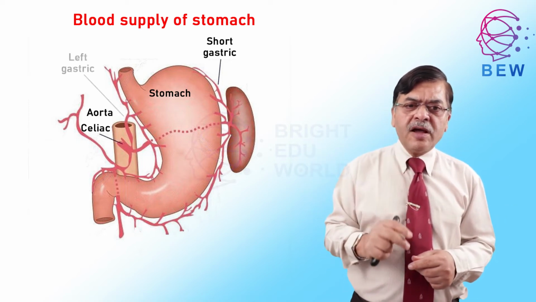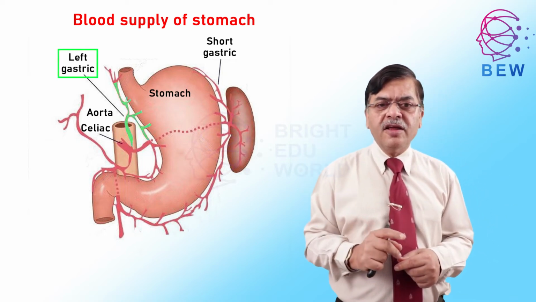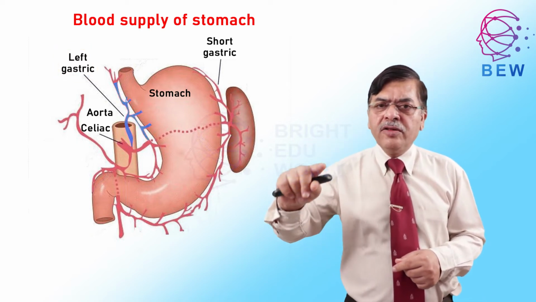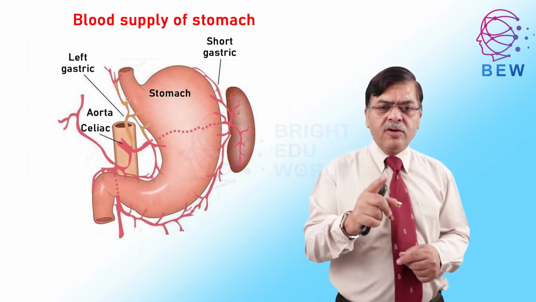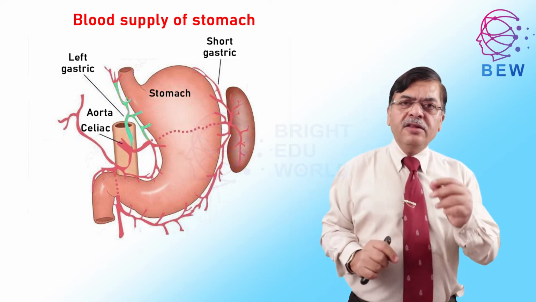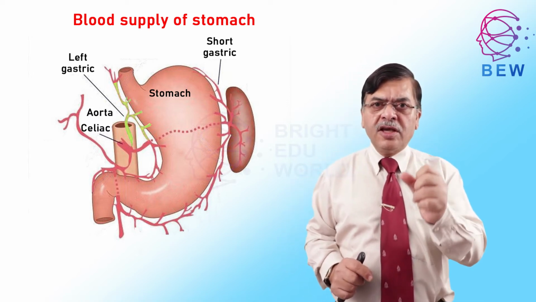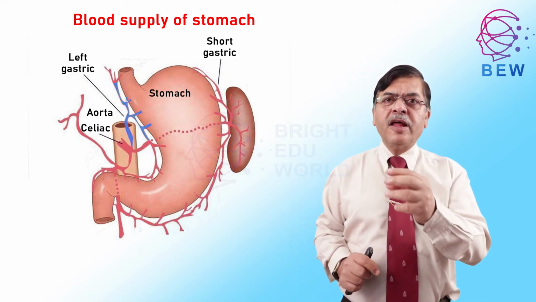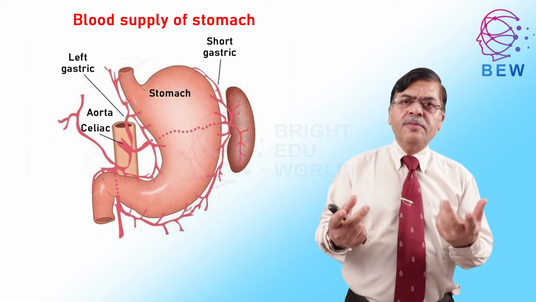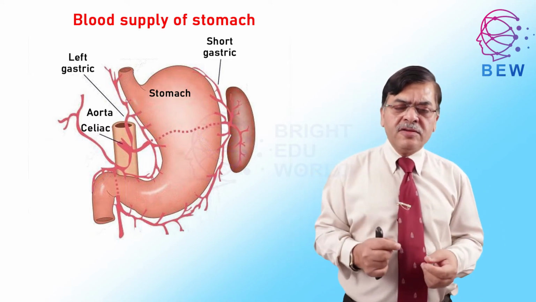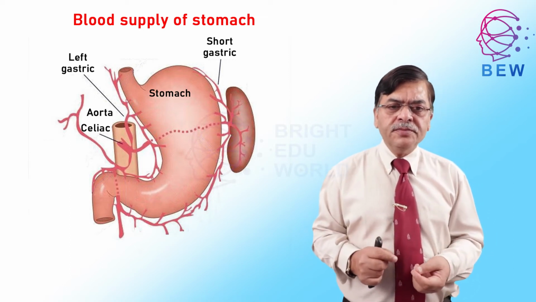The first branch is the left gastric artery, and it goes slightly above and then runs along the lesser curvature of the stomach. You can see in this picture, and this left gastric artery is the biggest, thickest, largest artery supplying the stomach. So it is one of the largest blood vessels supplying the stomach.